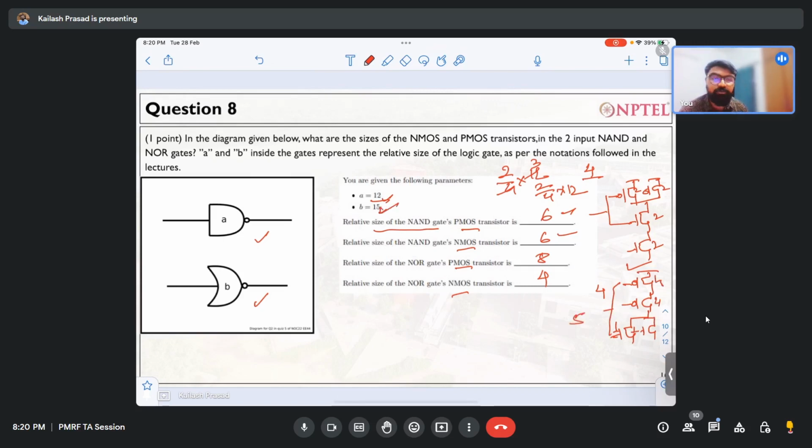For PMOS it will be 4 by 5 into 15, and for NMOS it will be 1 by 5 into 15. Actually it is 15, so it won't be 8 and 4. This will be 4 3s are 12, and 1 by 5 into 15 will be 3. If the size was 12, then it would have been 8 and 4, but in this particular case it will be 12 and 3, so the total size will be 15. This is how you attempt this particular question.